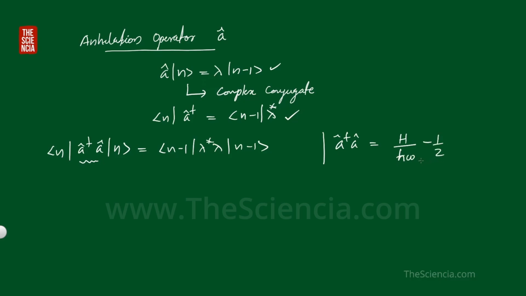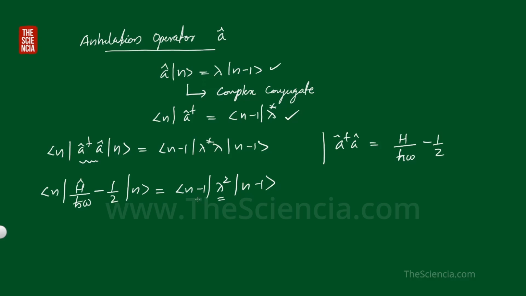Don't worry, we will derive these values later. So we can substitute this value here, that is bra n H by h cross omega minus 1 by 2 ket n equal to bra n minus 1 lambda star lambda, which is lambda square, ket n minus 1. Here this one is a constant value, so we can take it outside.